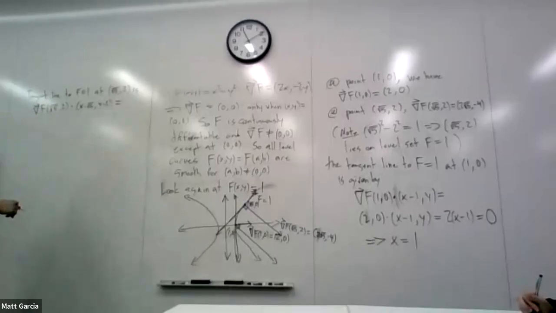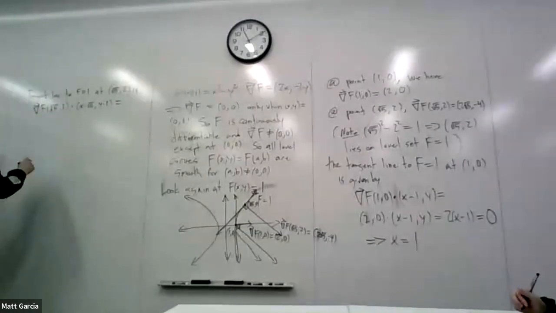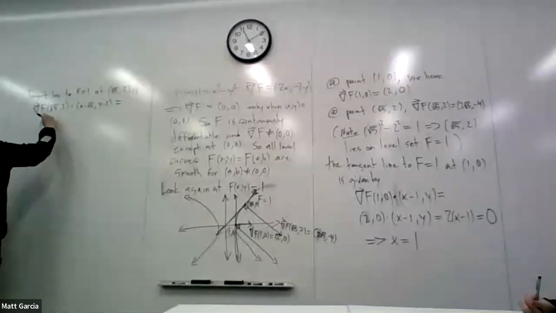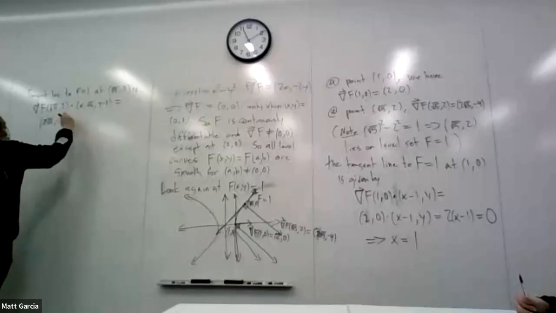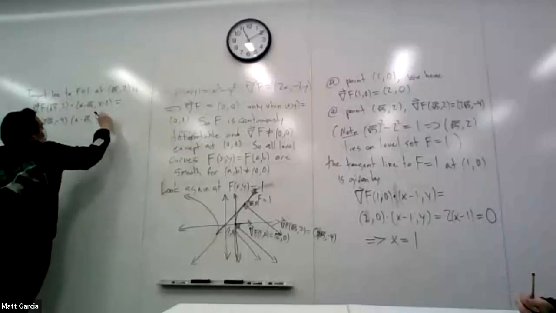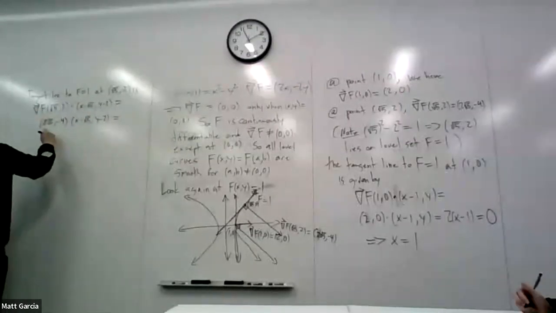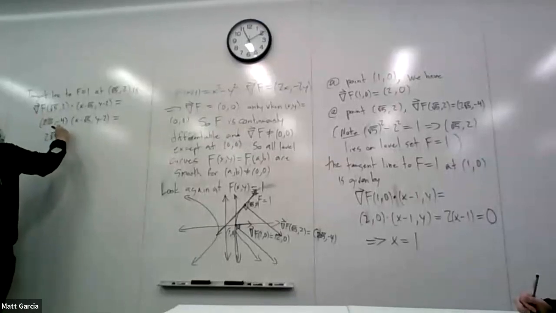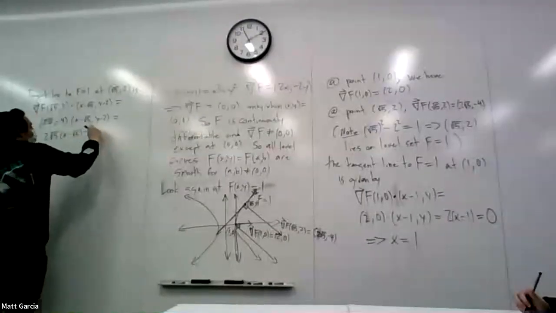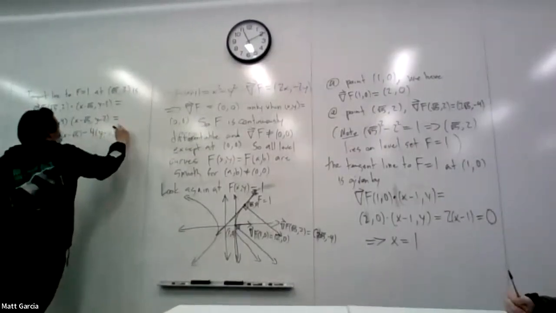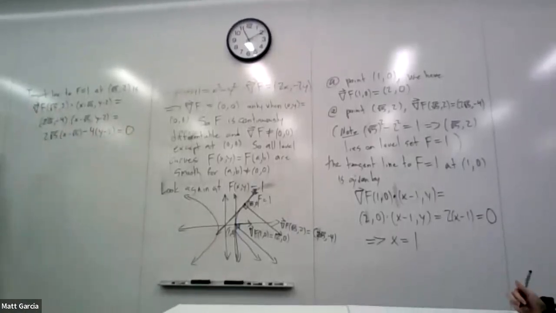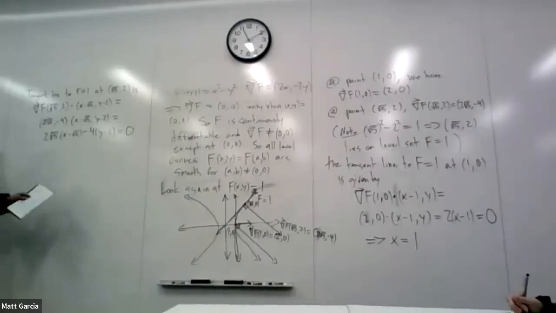We calculated the gradient of f at root 5 comma 2 is 2 root 5 comma negative 4. So we get 2 root 5 times x minus root 5, minus 4 times y minus 2, is equal to 0. Okay, just the standard equation of a line.